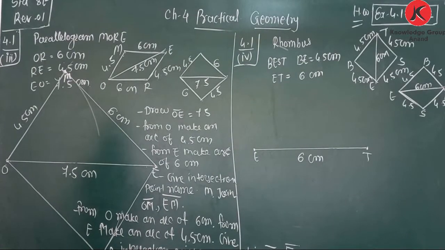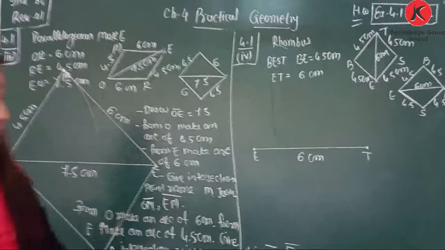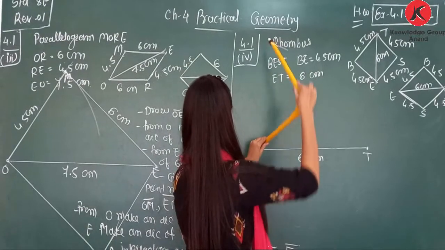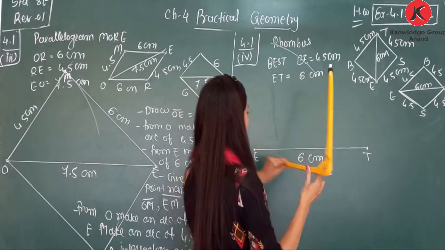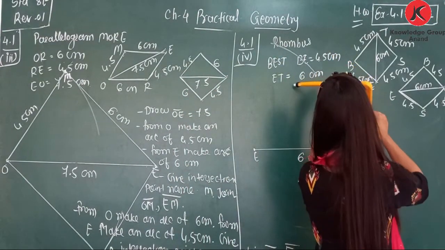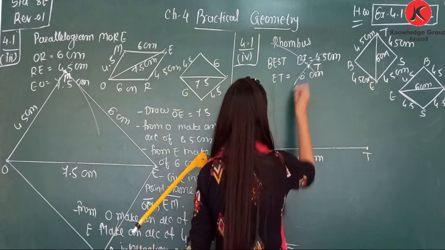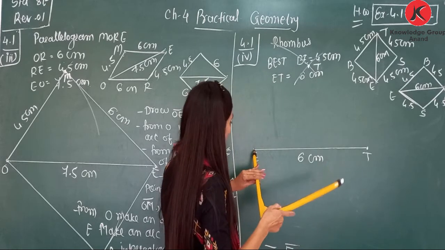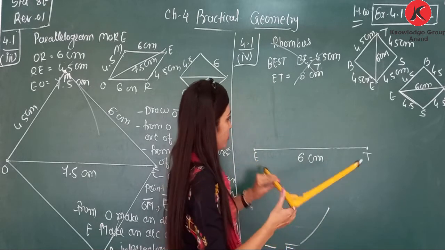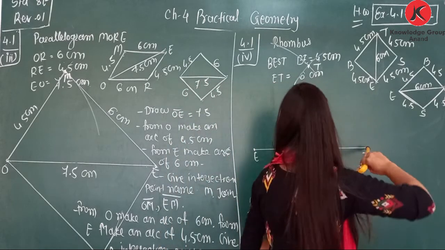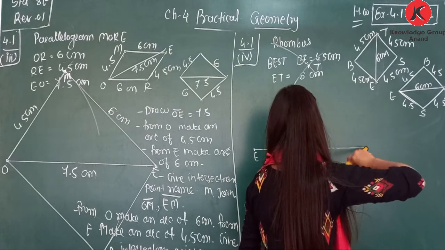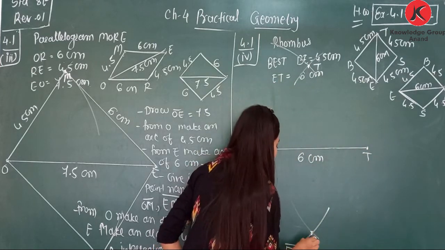Yes, it is 4.5. From T, it is also 4.5. Give the intersection point name B. From E, it is also 4.5 downside. From T, it is also 4.5. And this will give point S.